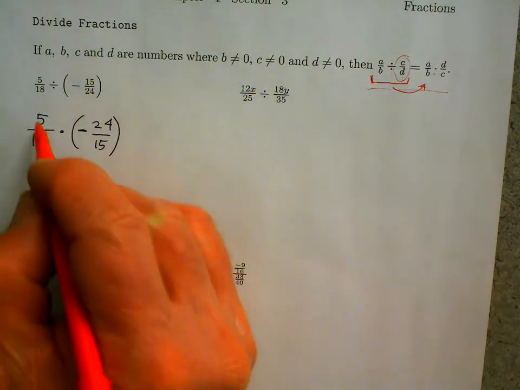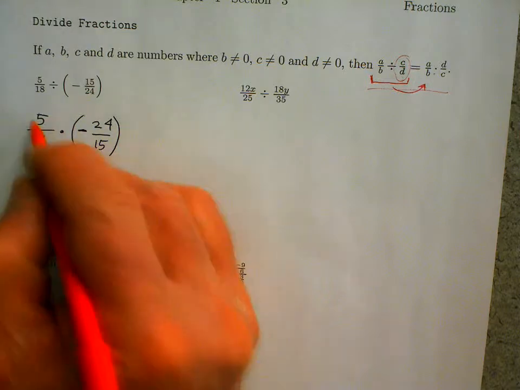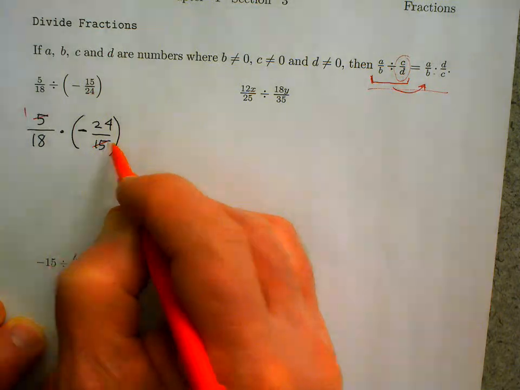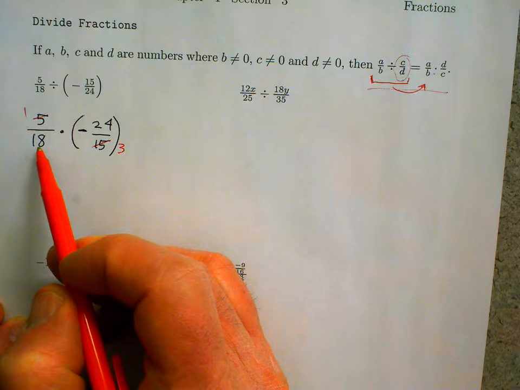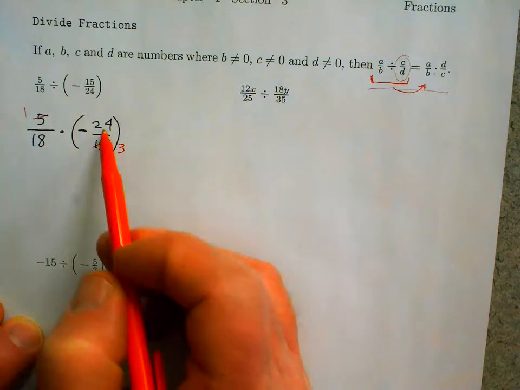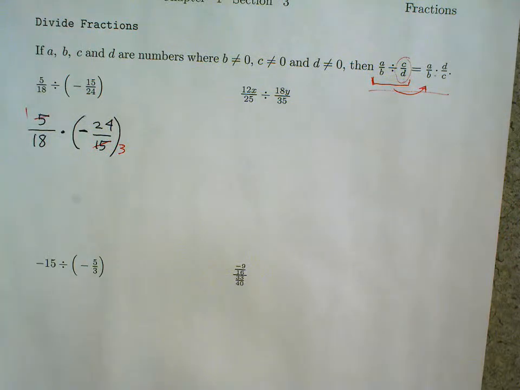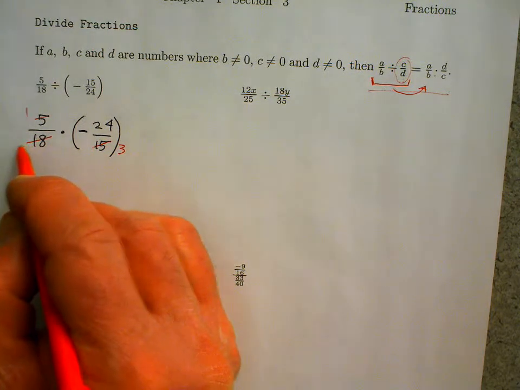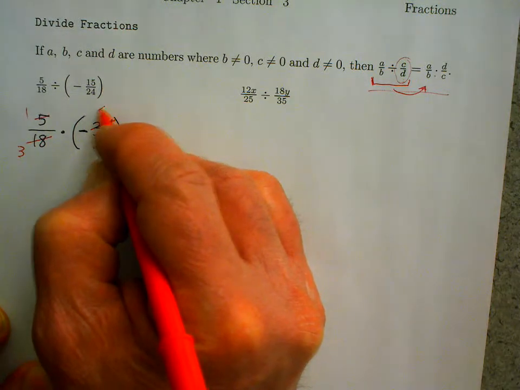Okay, so the shortcut method, 5 goes into 5 once, 5 goes into 15 3 times. Okay, what about the denominator 18 and the numerator 24? The greatest common factor is 6. So 6 goes into 18 3 times. 6 goes into 24 4 times.